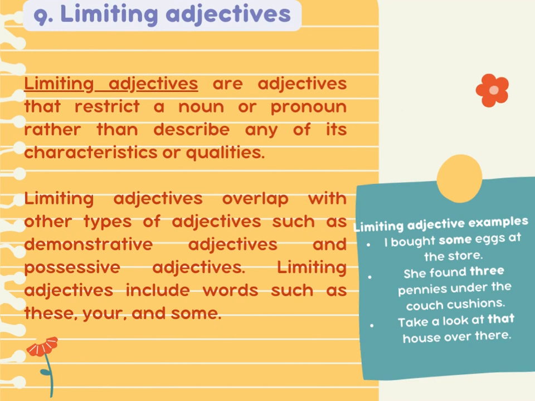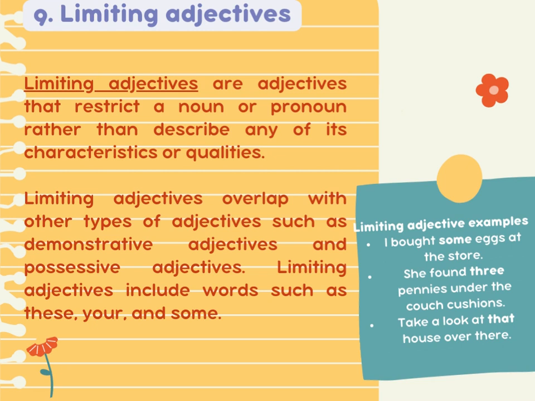Number 9. Limiting adjectives. Limiting adjectives are adjectives that restrict a noun or pronoun rather than describe any of its characteristics or qualities. Limiting adjectives overlap with other types of adjectives, such as demonstrative adjectives and possessive adjectives.